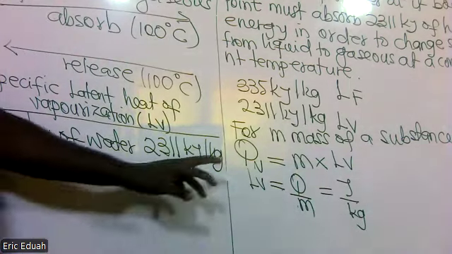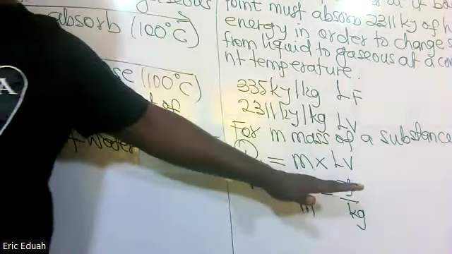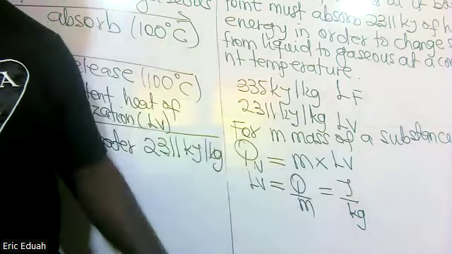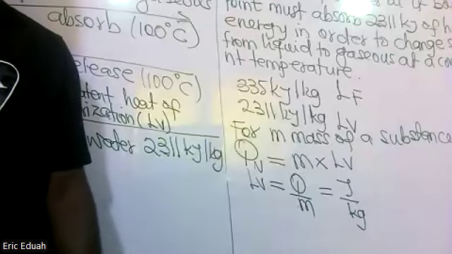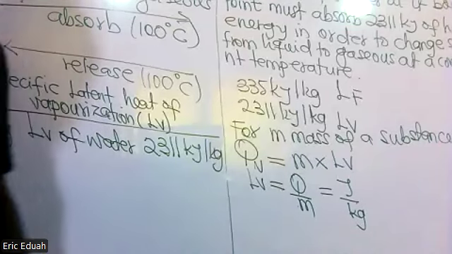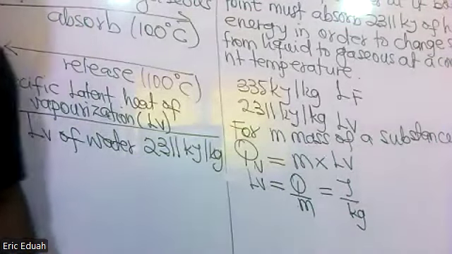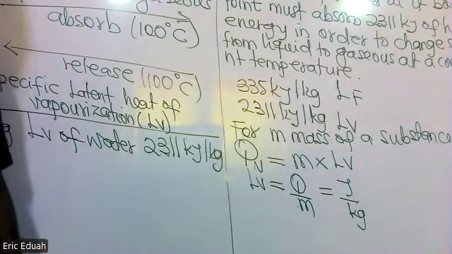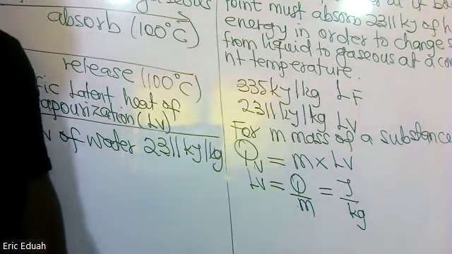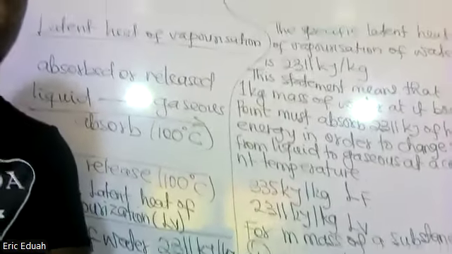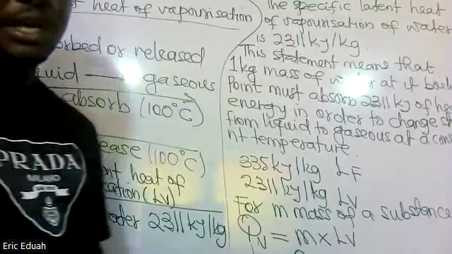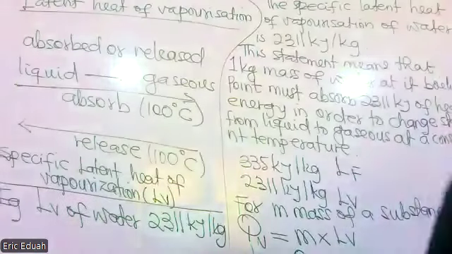Okay, so this is the relation that is used to solve change of state problems. Please, any question before we apply this in solving problems? If you have any concern or further explanation to be given, let me know.